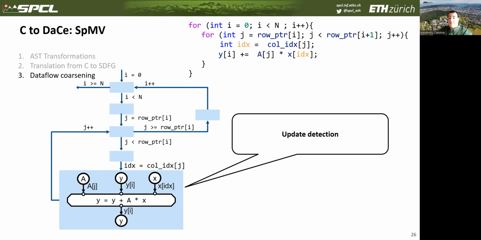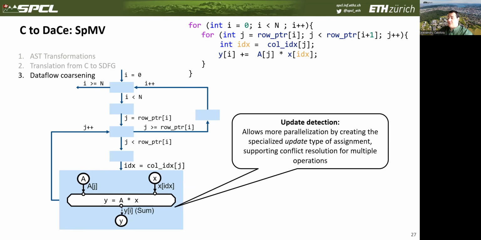A further transformation that we add is update detection. This allows us to more effectively parallelize the code by creating an update type of assignment, supporting conflict resolutions for multiple operations.